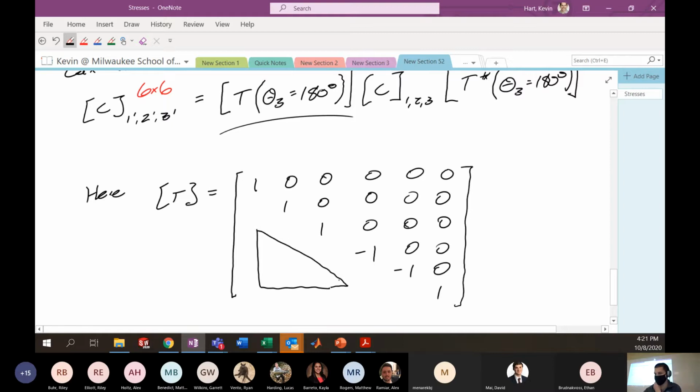Okay. This is for theta 3 equals 180 degrees. Interestingly, we would get the same thing in the T star matrix. Also the same.